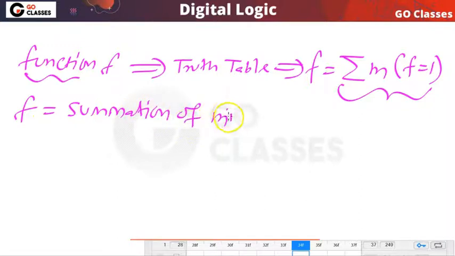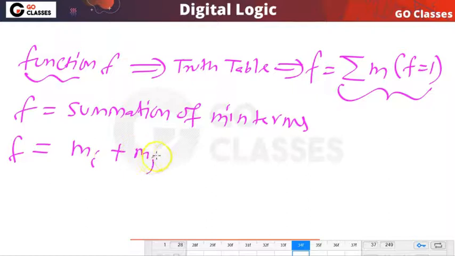In this summation of minterms, you can notice what we have. This function f I can write like this: mi or mj or mk or mp. Like this, a summation of minterms. For these minterms the function value is 1. Now I can remove this or.